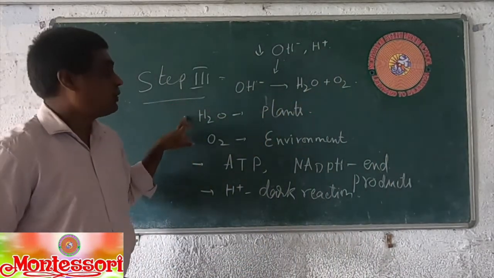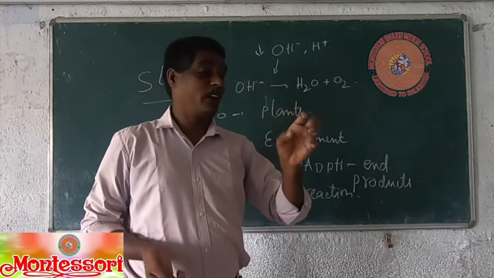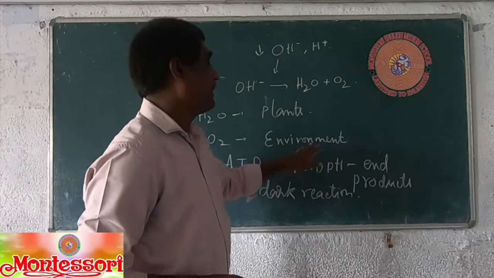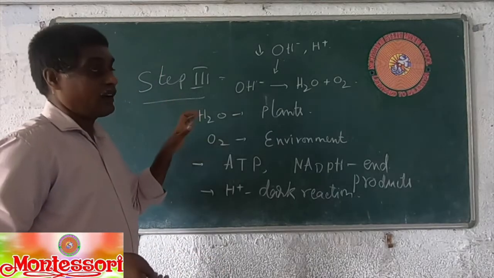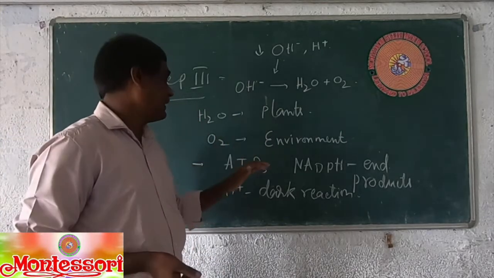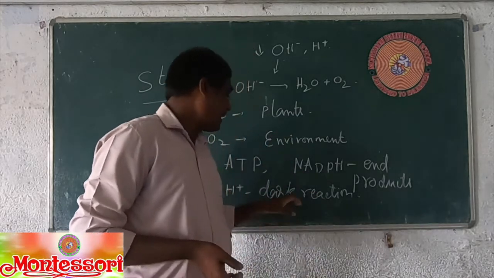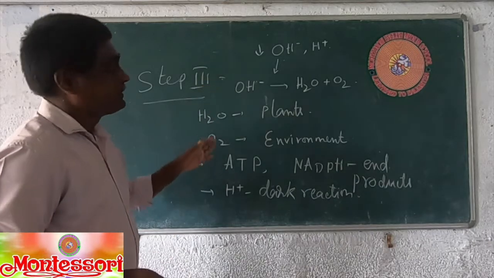This H2O is utilized by the plants for their natural requirement, whereas the O2 molecules are released into the environment. The end products of the light dependent reactions are ATP and NADPH. The H plus ions participate in the dark reaction. So this is about step 3.